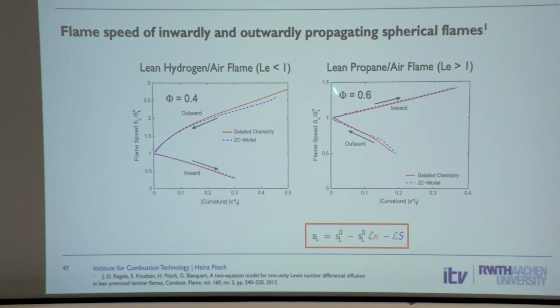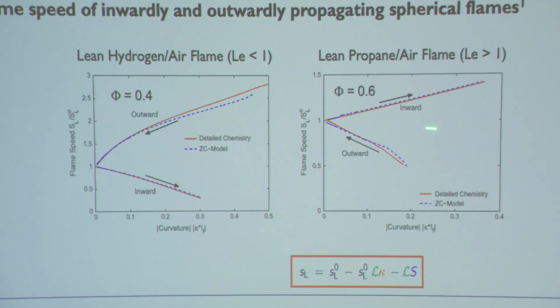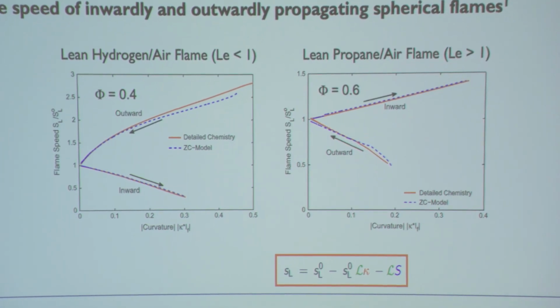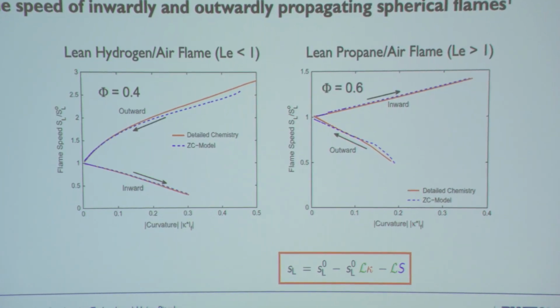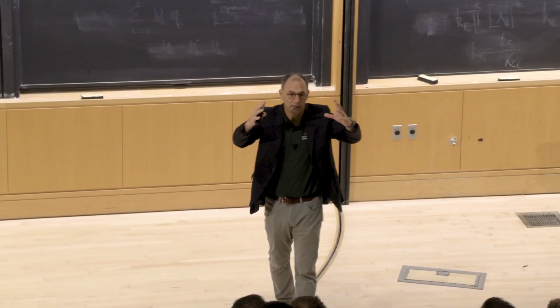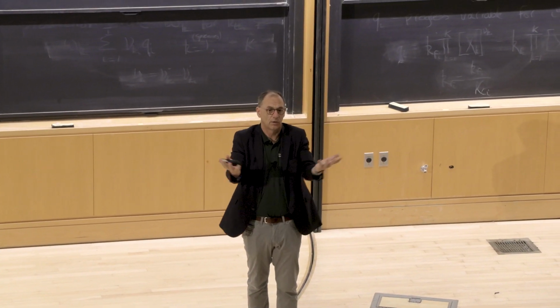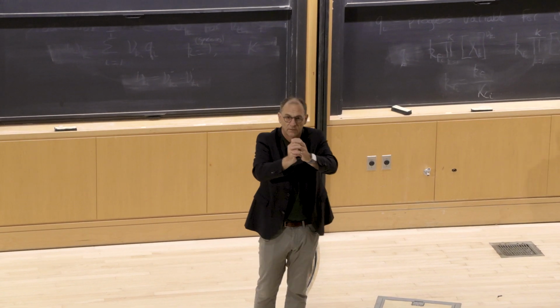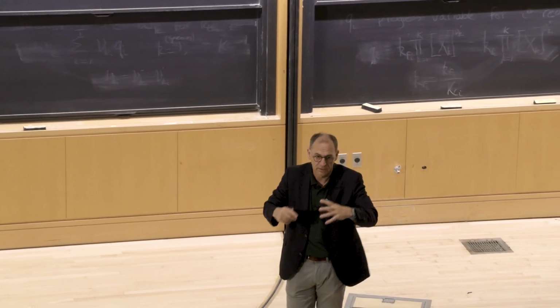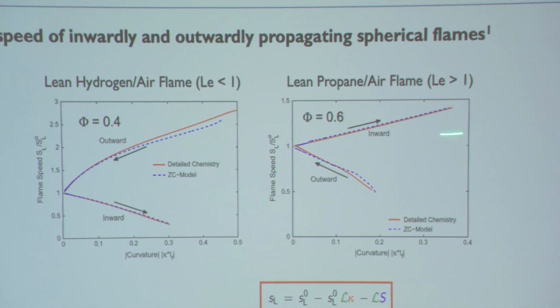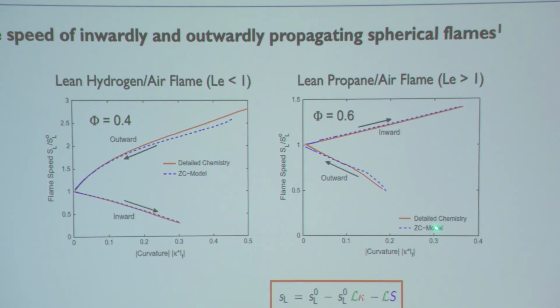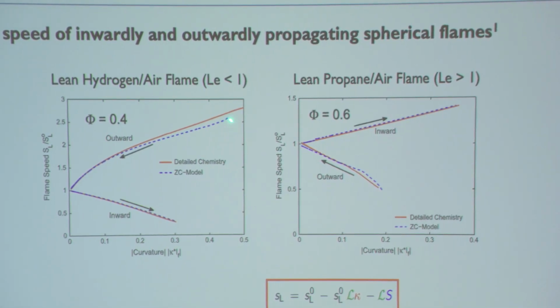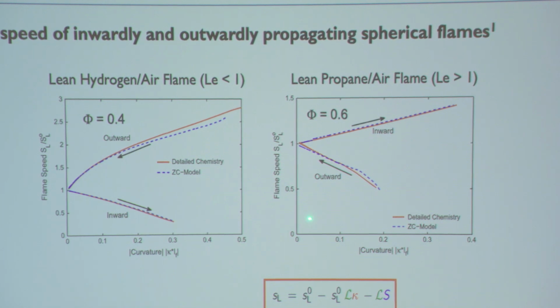And here's something you can actually do only in a simulation, an inwardly propagating spherical flame, where you have a mixture, again, in the spherical vessel, and you ignite it on the outside, and then it burns towards the center, okay? And then, of course, the curvature is exactly reversed, right? You get negative curvature instead of positive curvature, and the inwardly propagating ones go exactly the opposite way.